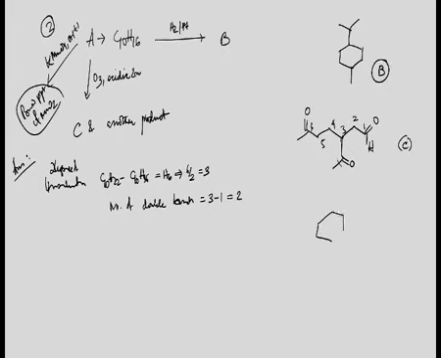If you connect 1 and 6, what happens? The alkene will be like this and this. So, here we connect it, now this one. So, this is the 1, 2, 3, 4, 5, 6.